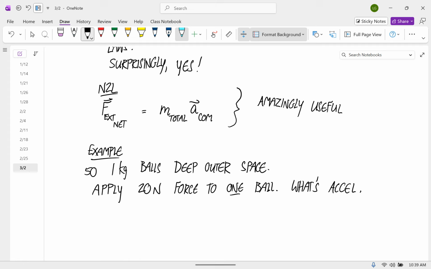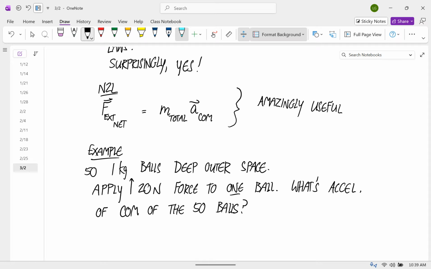And let's give this a direction, so I'll call it a y component. But what's the acceleration of the center of mass of the 50 balls? Each ball's center of mass is at the center of the ball, but you could calculate the center of mass of the whole group. And when you apply this force, what can we say about the acceleration of the center of mass?